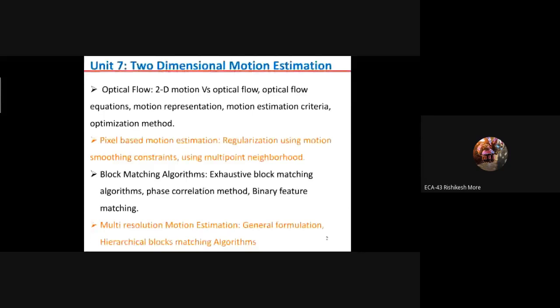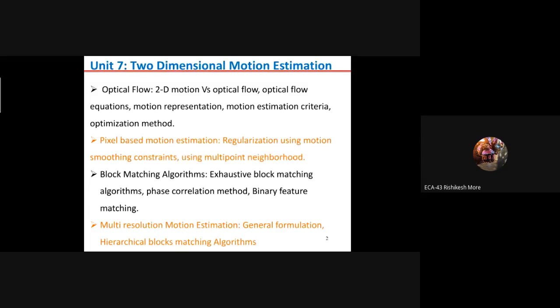In optical flow, we study two-dimensional motion. What is two-dimensional motion? Then how we can represent the optical flow equation for motion estimation, and how we can represent the motion of a particular object.